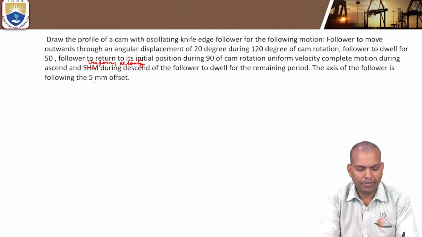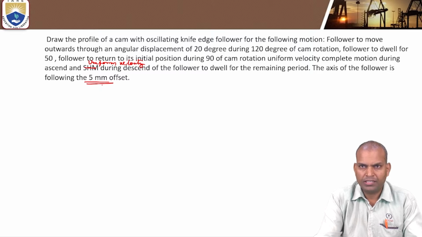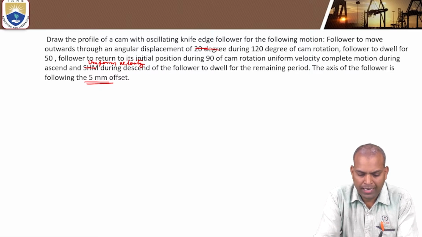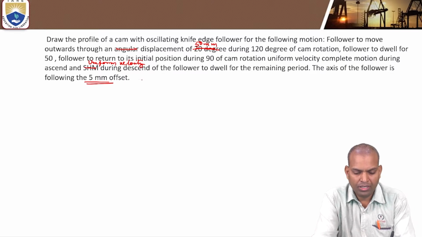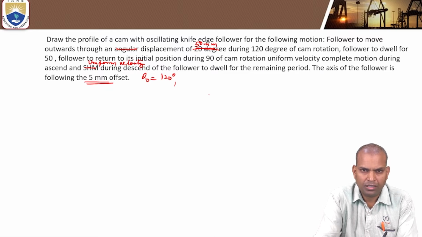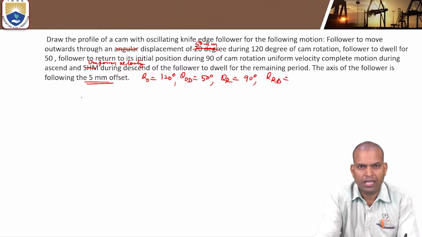It is passing offset by 5 millimeters. The type of follower here is a knife edge follower, and the maximum lift of the follower is 50 millimeters. During outstroke, theta O is 120 degrees, the angle of dwell next to the outstroke is 50 degrees, and the return stroke is 90 degrees, with dwell during the rest of the angle.